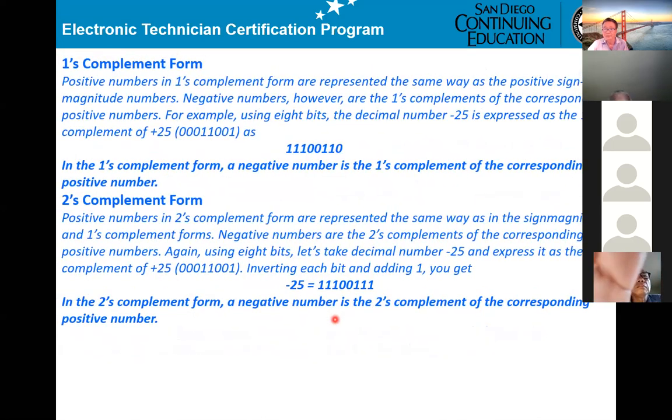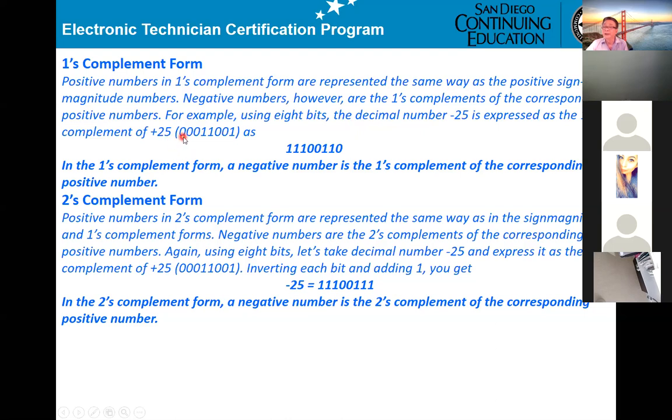Now we're talking about the first complement. Positive numbers in first complement form are represented the same way as positive sign magnitude numbers. Negative numbers, however, are the first complement of the corresponding positive number. For example, using 8 bits, the decimal minus 25 is expressed as the first complement of plus 25.